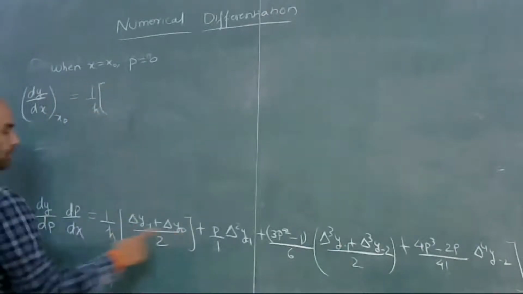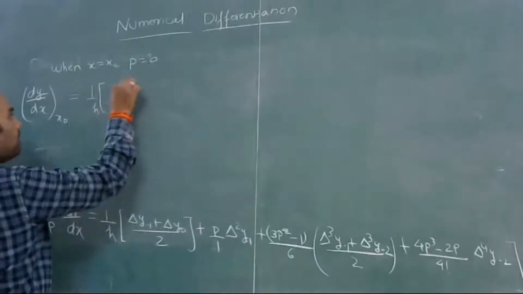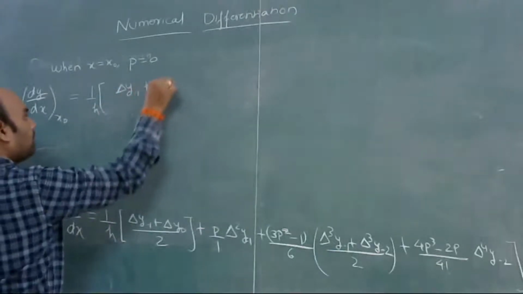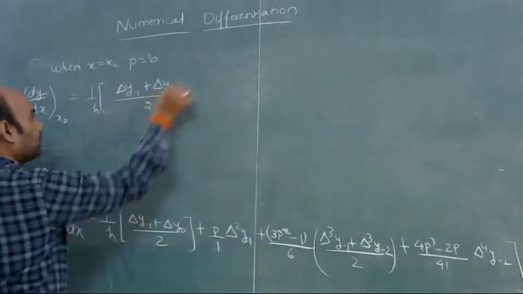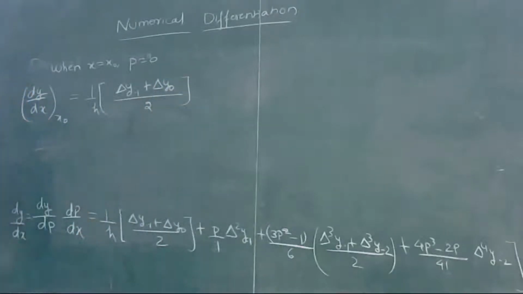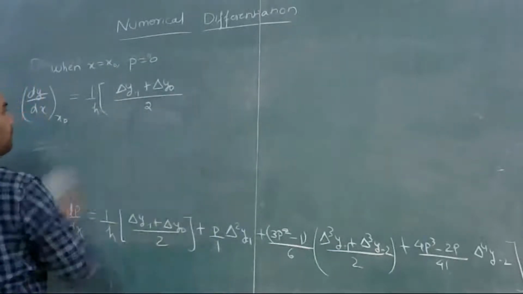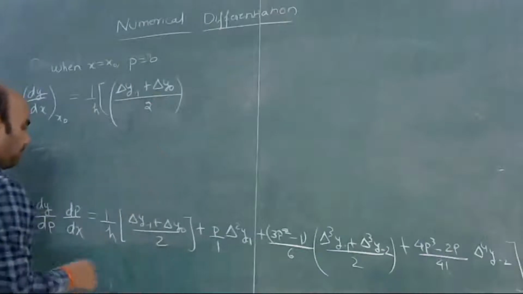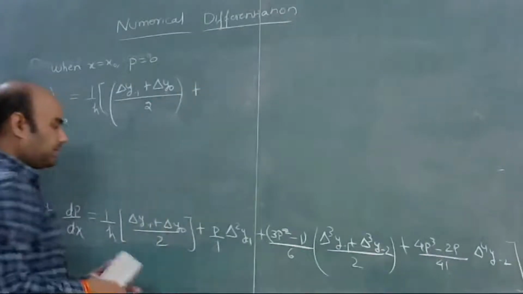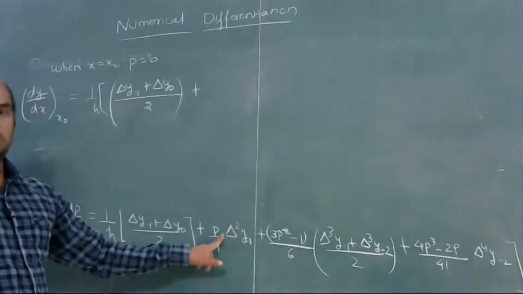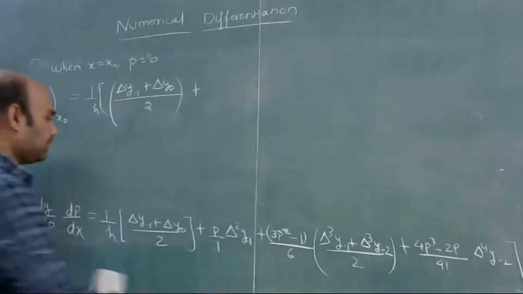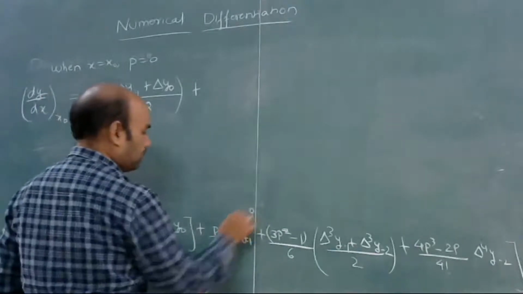at x is equal to x₀ will be equal to 1/h. This term is independent of p, so this will be (Δy₋₁ + Δy₀) divided by 2. Plus, this is a p dependent term, p is 0, so this term will be equal to 0.